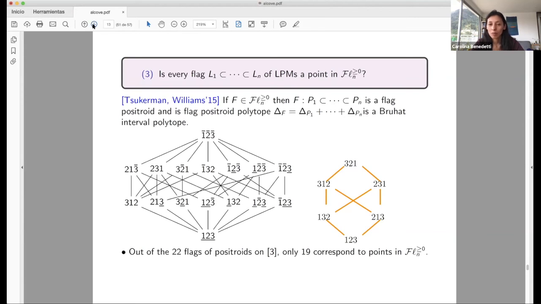So that already assures us that not every flag of positroids is a point in the non-negative Grassmannian. And in fact, out of those points in the non-negative flag variety, only 17 of them, not all of them, happen to be flags of lattice path matroids.